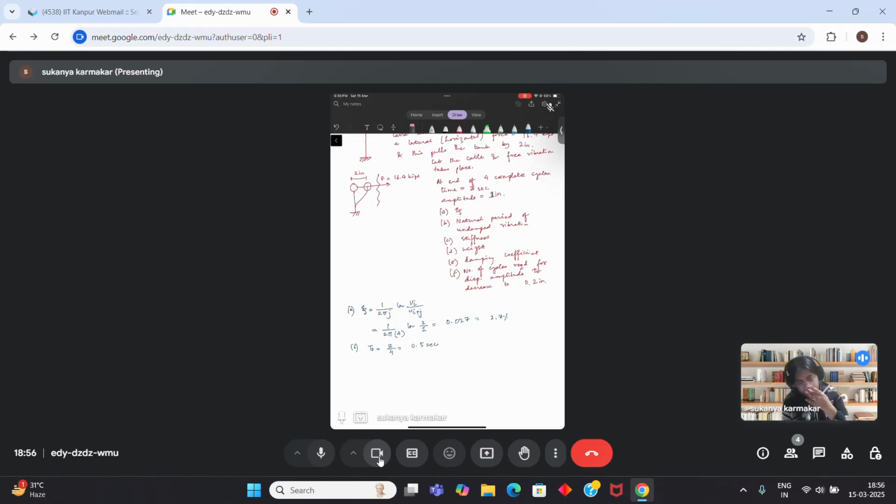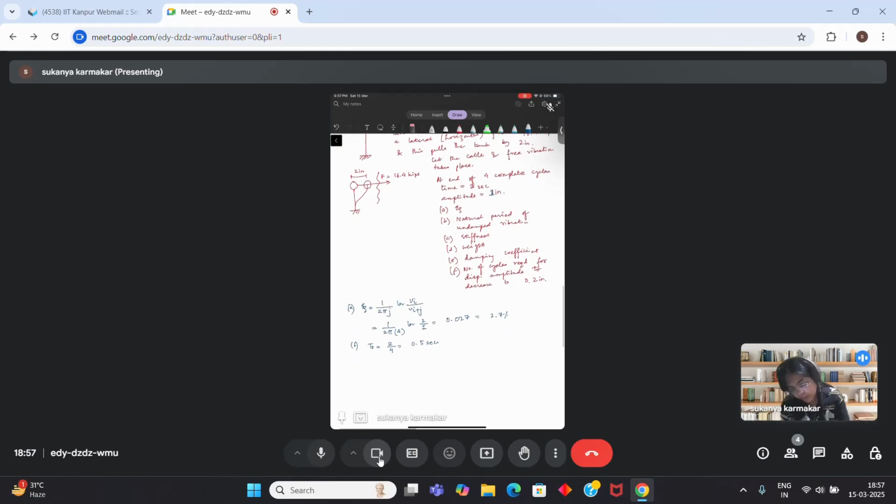Now, TD and TN are related, but damping is small. Omega D is equal to omega N under root of 1 minus zeta square. Are you talking about this relation? Yes, ma'am.